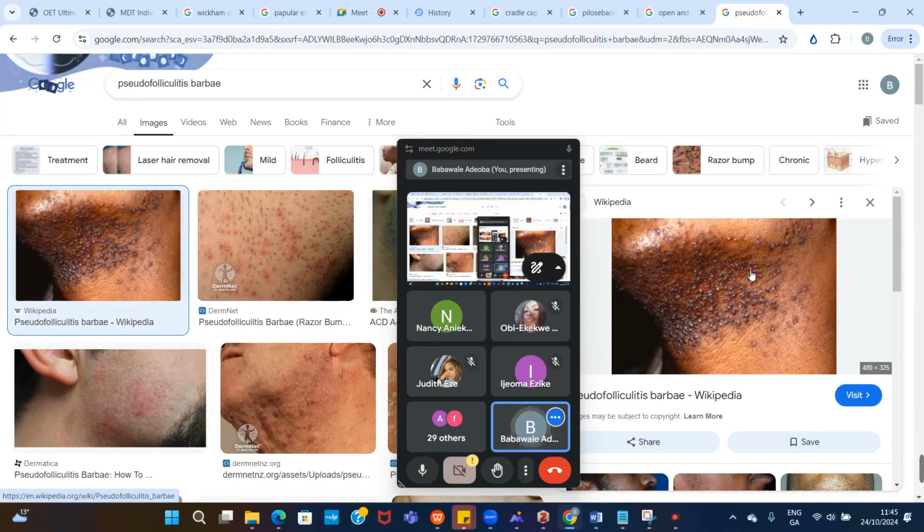And the problem here is that it's very common in people that are black, people with curly hair, such that when they shave, the follicles of the hair that is remaining grow inward, like it curls backwards into the skin and irritates that skin.